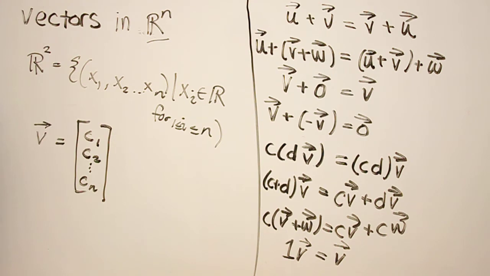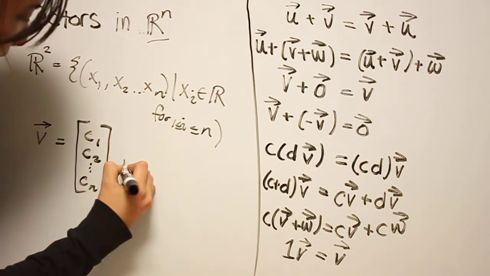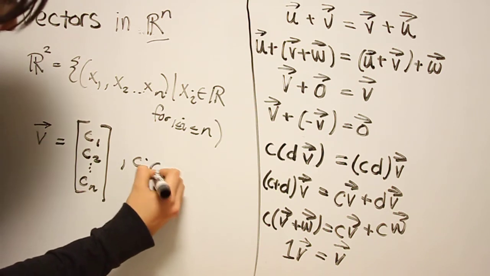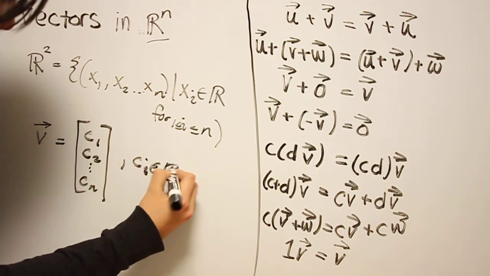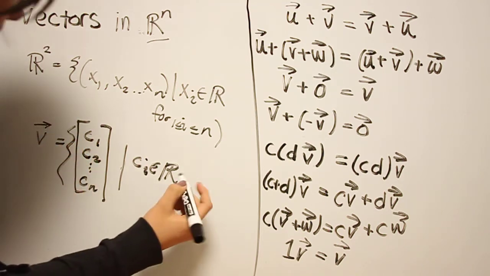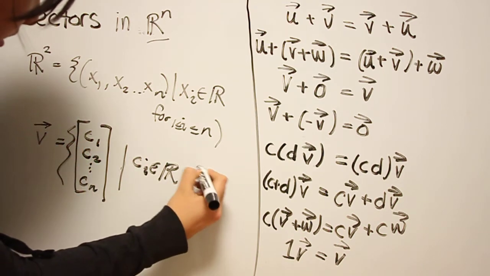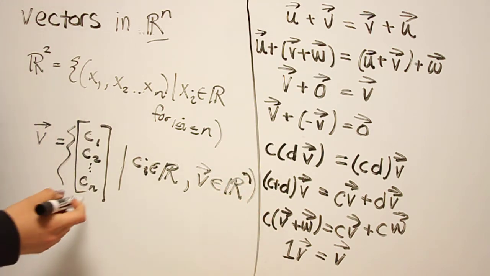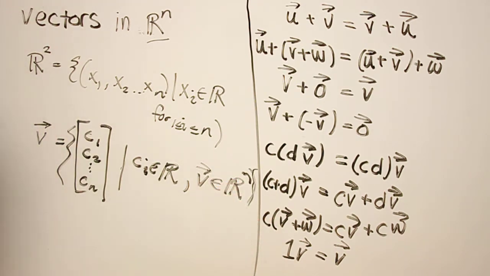And this vector, since it has n components, where we have ci existing in R, I'll go ahead and make this standard notation, and v would then exist in Rn because it has n components.